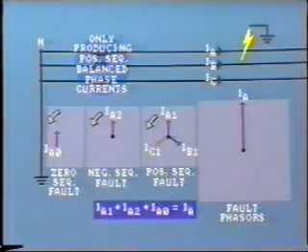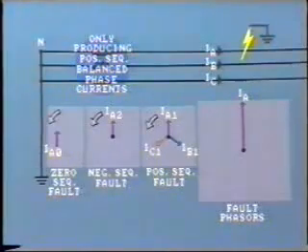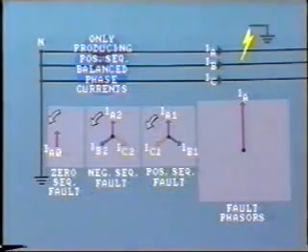Thus, these phasors, IA1, IA2, and IA0, add up to give IA. Now that we have located IA2, we can draw in the other 2 negative sequence components, IB2 and IC2.